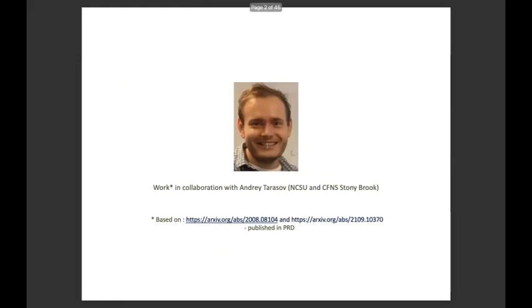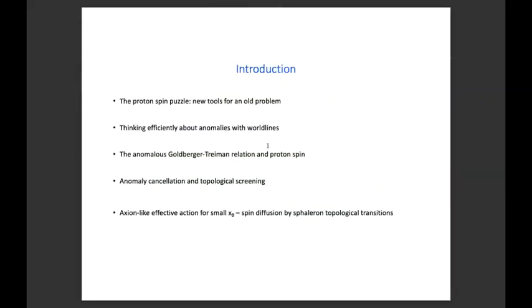Okay, good. So this is work in collaboration with Andrey Tarasov, who's at North Carolina State University and CFNS at Stony Brook. It's based on two papers that we wrote not too long ago. So I'm going to introduce you to a problem in physics called the proton spin puzzle, and it's something that's been around for quite some time.